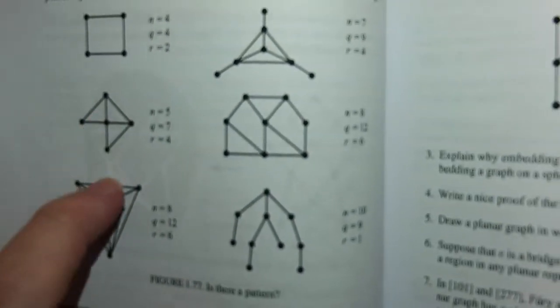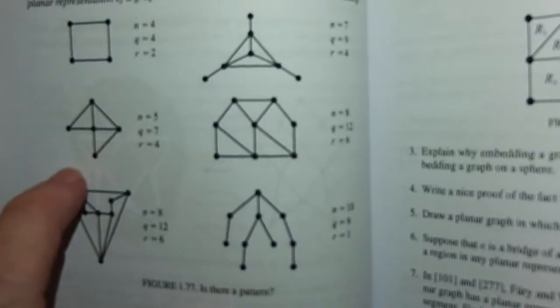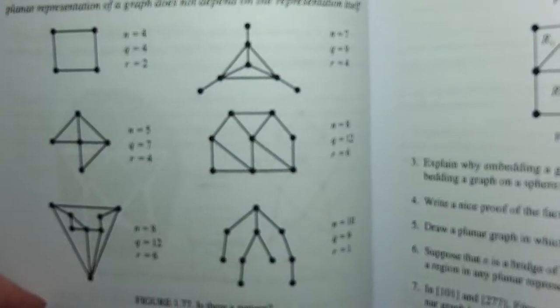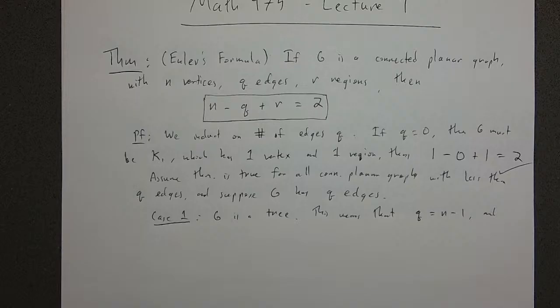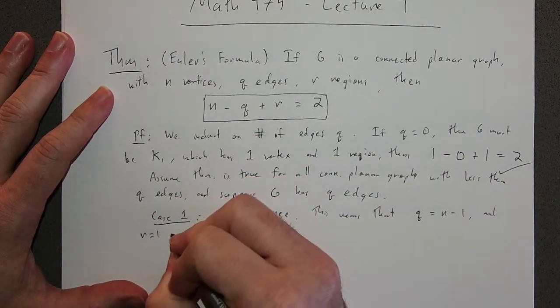A tree doesn't have cycles. A cycle amounts to enclosing a new region that is distinct from the exterior region. You're closing up a region, bounding it off. In a tree, that doesn't happen, so you only get one region. So it's very restricted how this picture looks. And so R is equal to 1 since G is a tree.